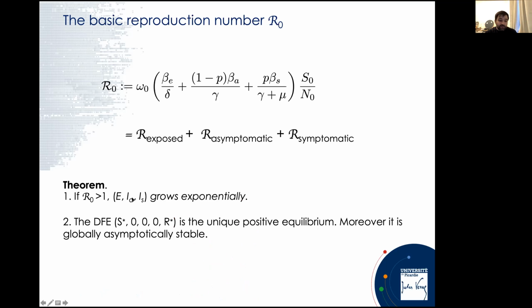You can do some mathematics. Finally, you can prove that if R0 is greater than 1, the contagious individuals grow exponentially. This is important. Mainly you have to see that as the beginning of an infection. To start an epidemic, you need R0 greater than 1.